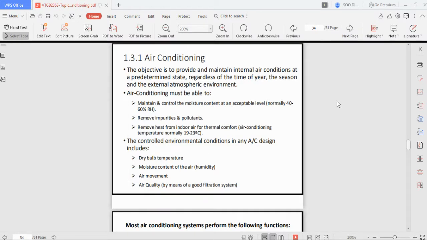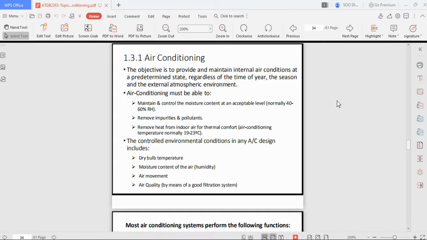The objective of air conditioning is to provide and maintain internal air condition at a predetermined state, regardless of time, year, season, or external factor. Air conditioning must be able to maintain and control the moisture content, remove impurities or pollutants, and remove heat.